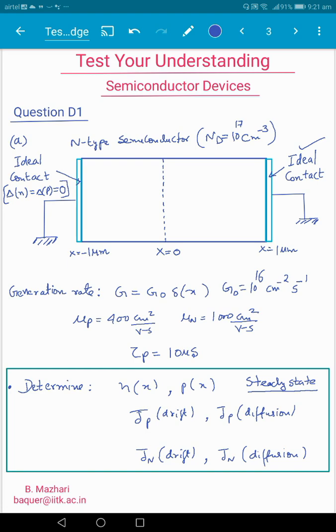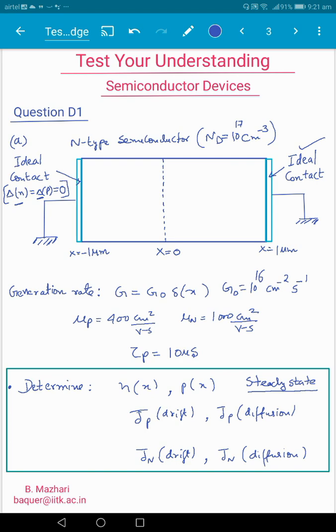And one of the properties of an ideal ohmic contact is that the excess carrier concentration, delta N and delta P, are 0 here. So this n-type semiconductor with a doping of 10 to the power 17 per centimeter cube has both ends of it grounded, which means that there's no voltage applied to it.